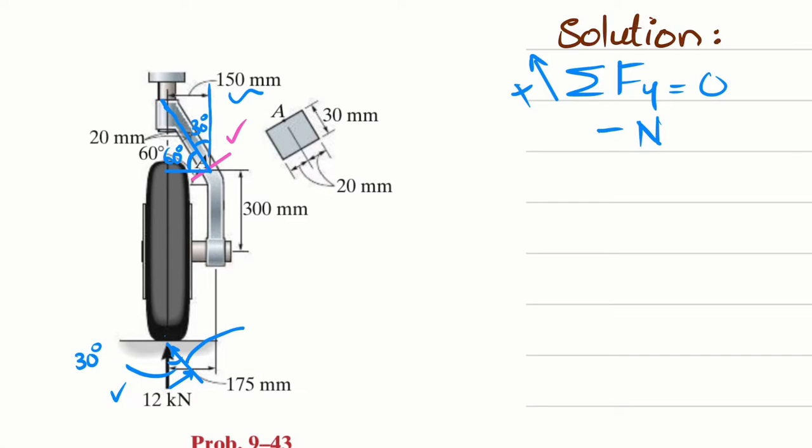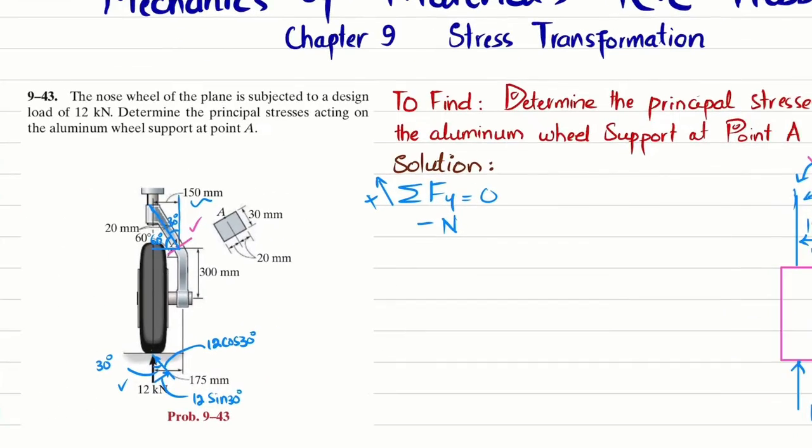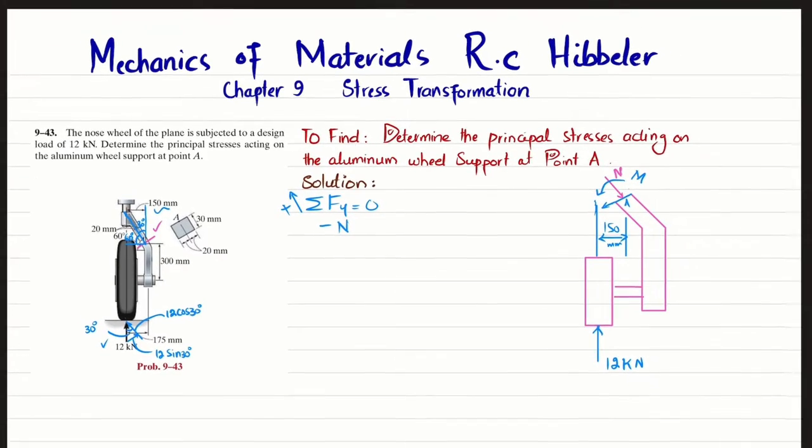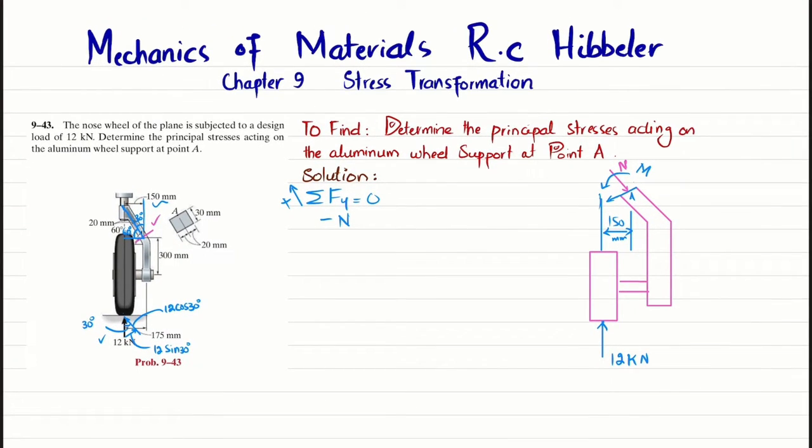So this component will be 12 cos 30 degree, and this component will be 12 sin 30 degree. Now the sum of all forces along the y direction must be equal to 0, and force in this direction is taken as positive. So minus N, and this component is in the positive y direction, which is 12 cos 30. So I will write plus 12 cos 30 degree is equal to 0. So from here you will get N equal to 10.392 kilonewton.